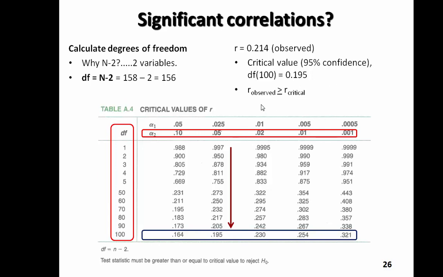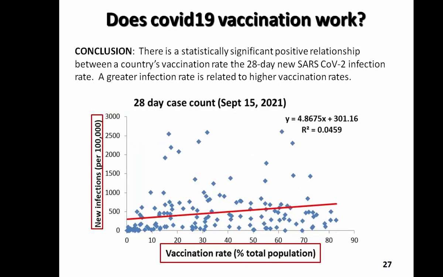And what we determine here is that the observed value is greater than or equal to the critical value. So as long as the observed value is greater than or equal to the relevant critical value, that indicates that the result is statistically significant.